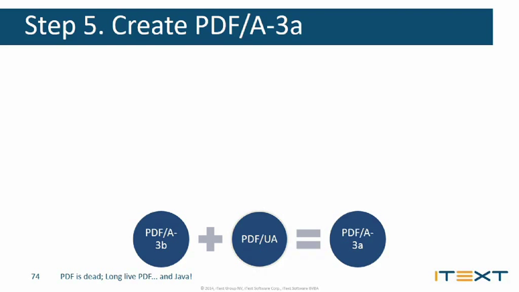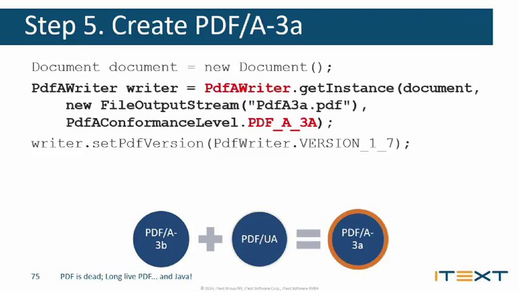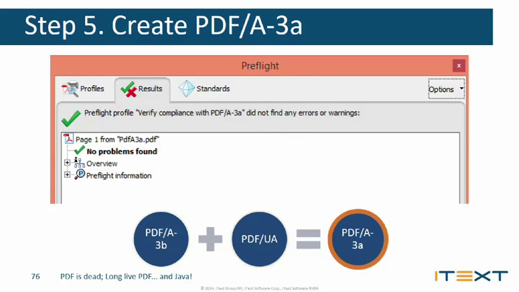So we just take a PDF A3B file, add all the accessibility requirements. Basically, we just have to tell our PDF A writer we now want conformance level PDF A3A, and it will update the metadata as expected.